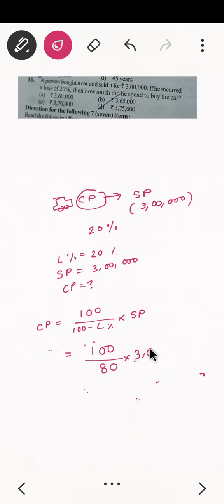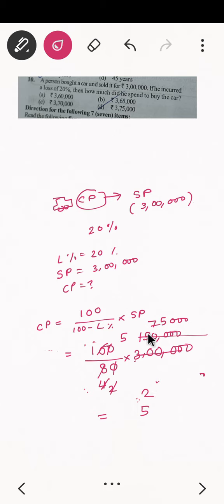Cancelling the zeros and dividing, 2 4s are 8, 2 5s are 10, and so on, and after multiplying we get 75,000 and then 3, so it will be 3,75,000.